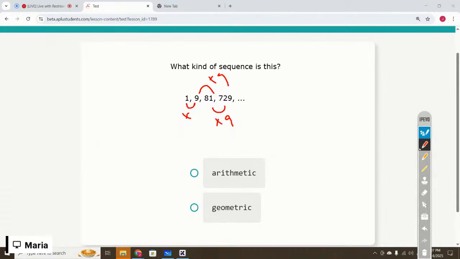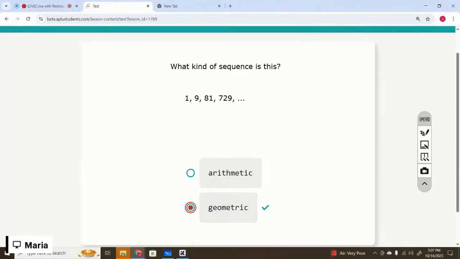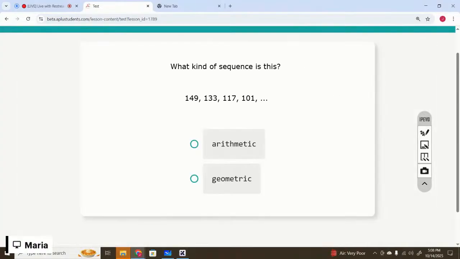So by multiplying or dividing, you can get the next term. That means that is the geometric sequence. Option number 2 is the correct option.